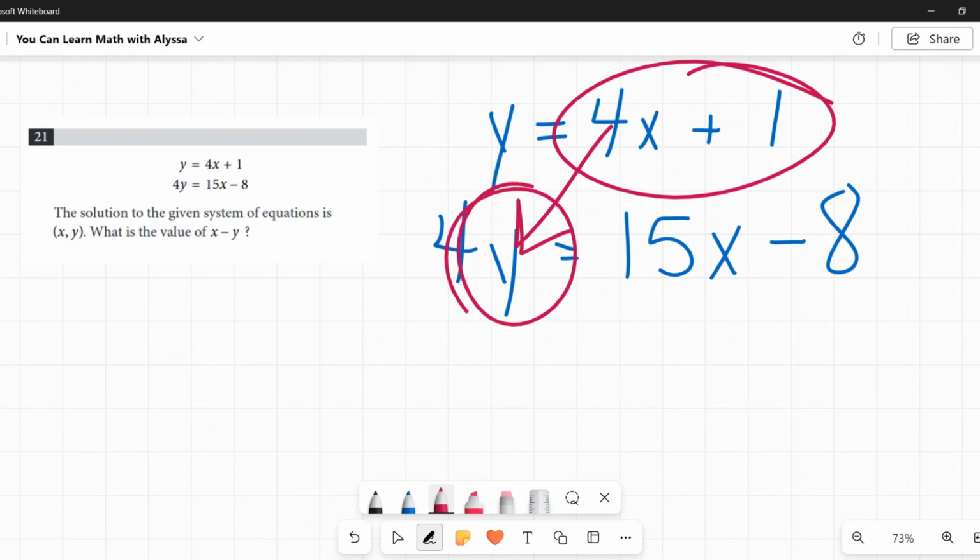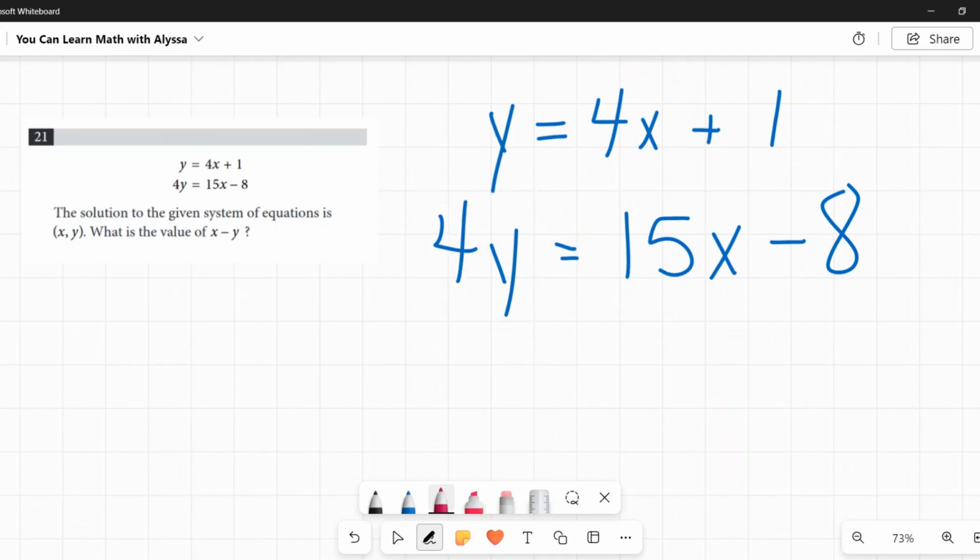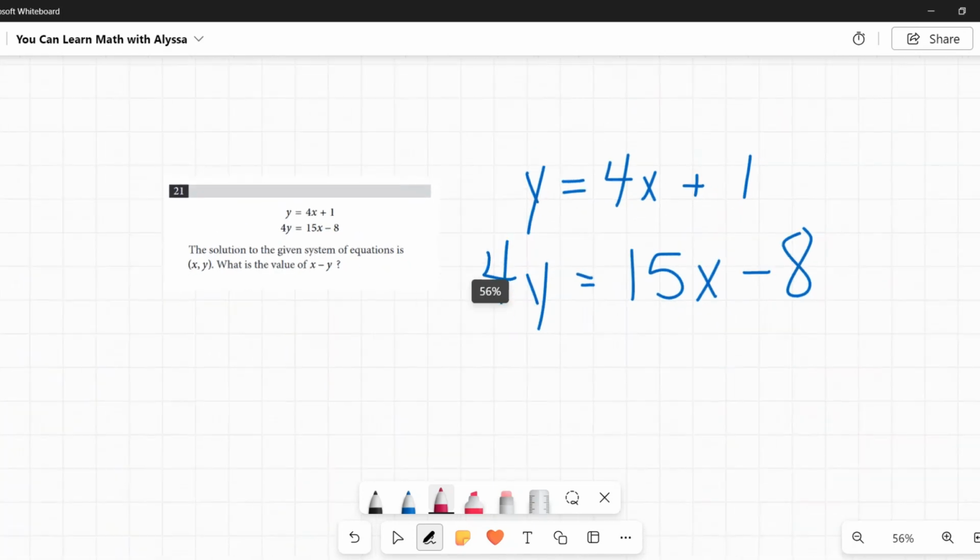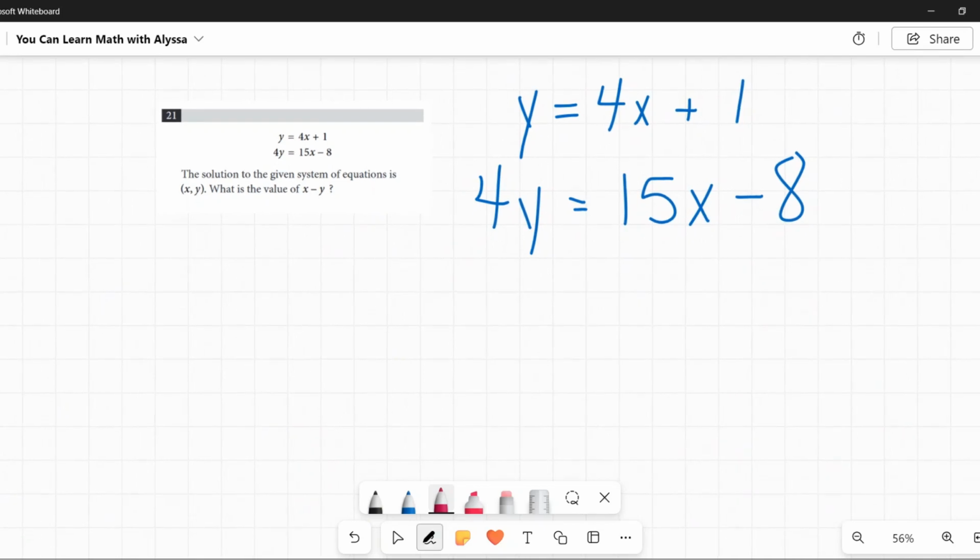That will let you solve for x, and then you can solve for y. My preferred method tends to be elimination, but I'm going to show you both, and then you can decide what you want to do. I'm giving you choices, right?